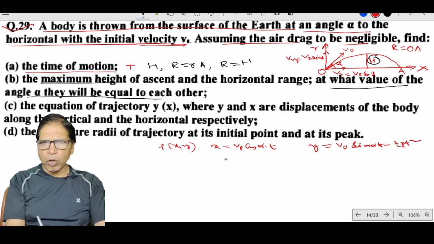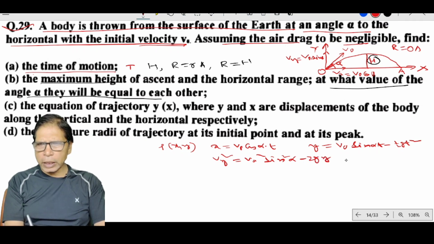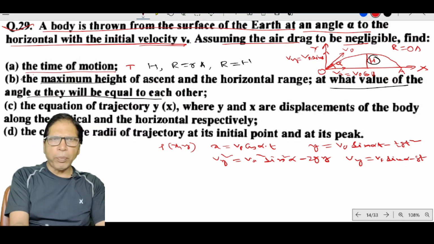And the vertical component of velocity, vy square equals v naught square sin square alpha minus 2gy. And with respect to time, the vertical component of velocity vy equals v naught sin alpha minus gt. No problem.